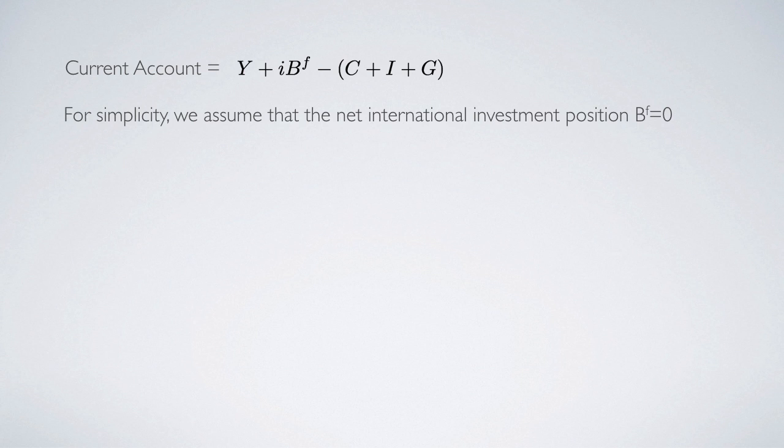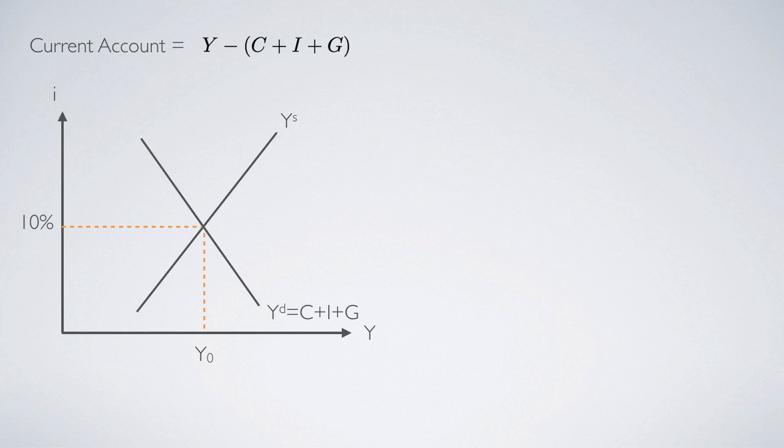It's just for simplicity, but not necessary. Then current account is simply the difference between output and all the expenditure parts. The output Y is pictured by YS, and C plus I plus G will be pictured by the YD line.